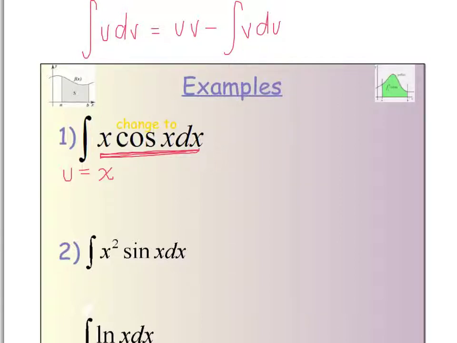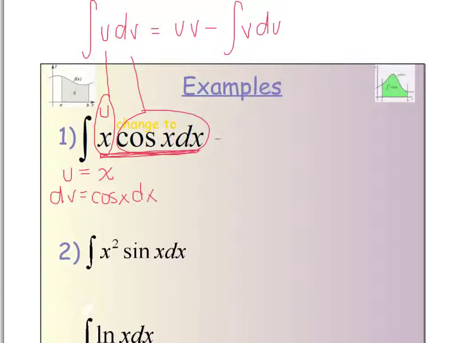So if we let u be our x, then dv will be cosine x dx.